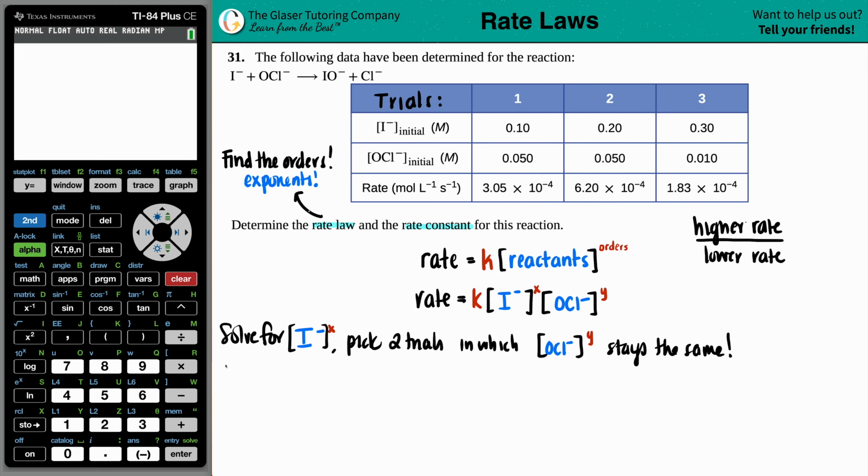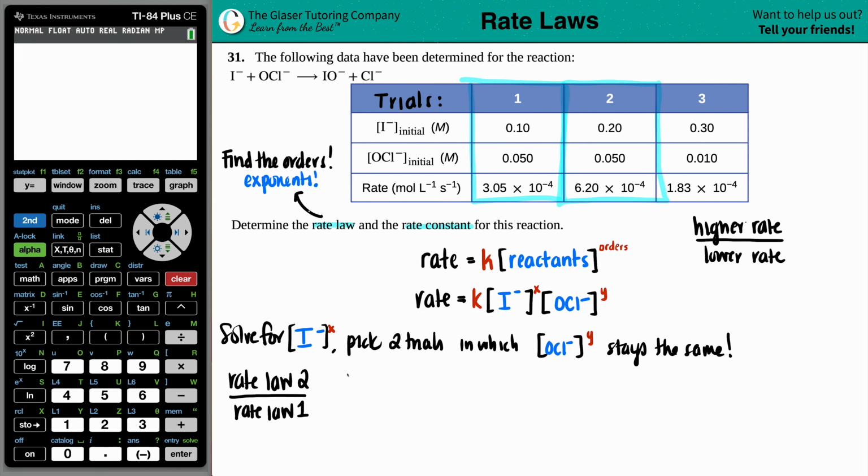So I'm going to do rate law number 2 divided by rate law number 1. You just plug in all the information for 2, divide it by all the information for 1, and then see what you get.